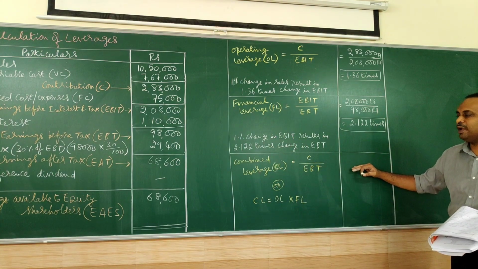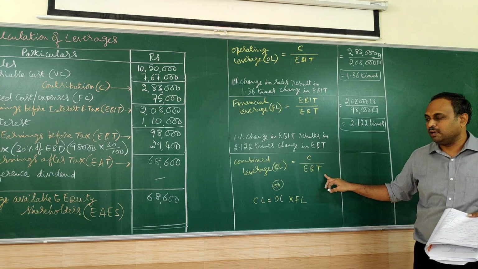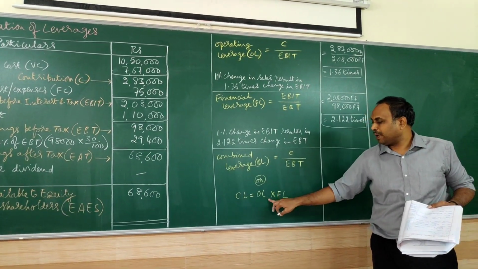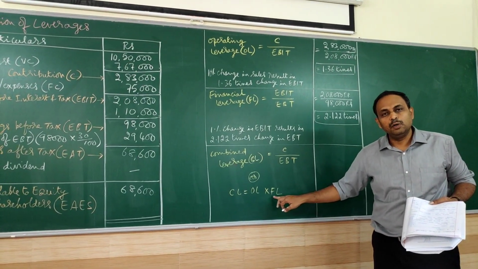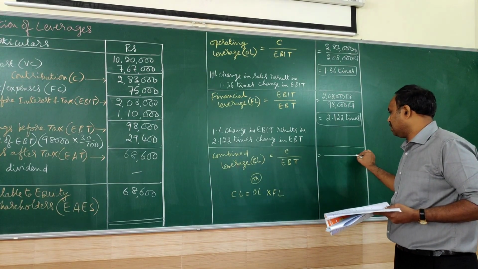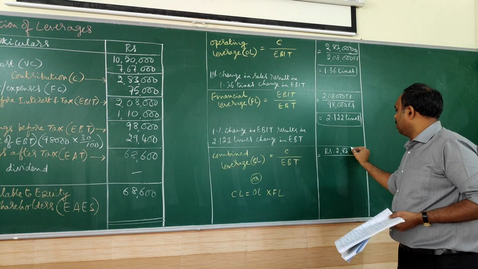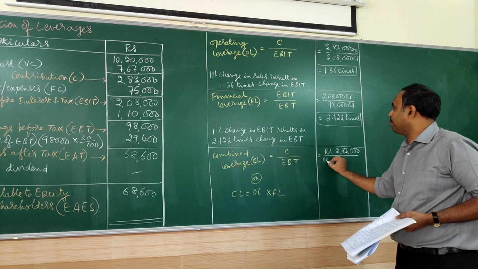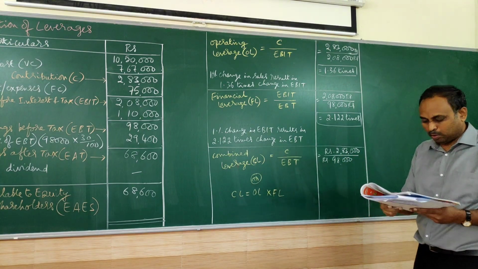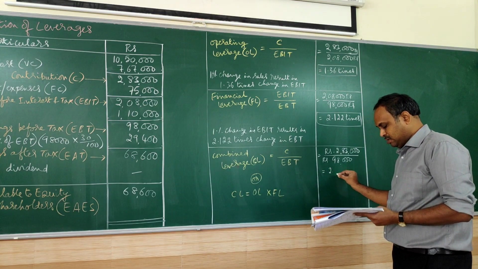Coming to the combined leverage, there are two types of formula: C divided by EBT, or we can combine operating leverage into financial leverage. We can do both methods. But the first method is the best. C divided by EBT. The answer will be almost the same in both, unless there are decimals.